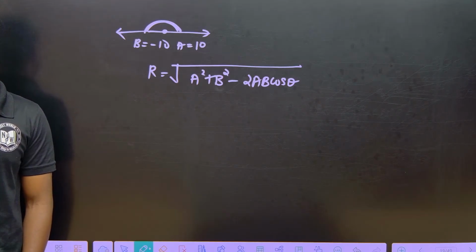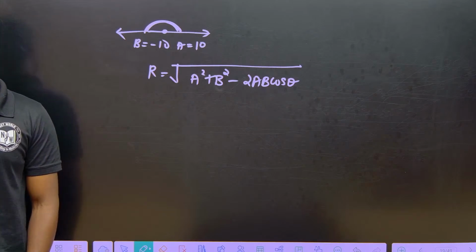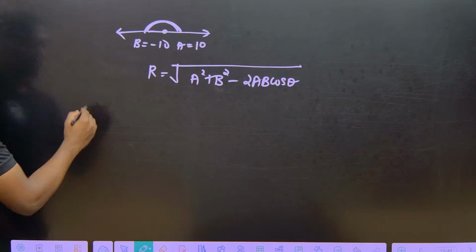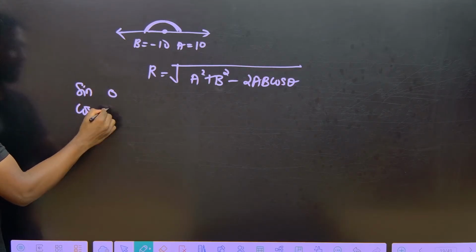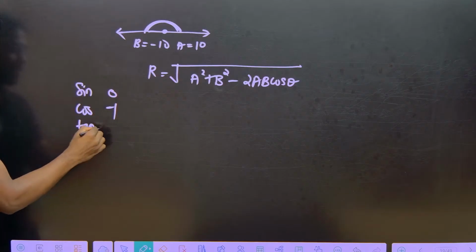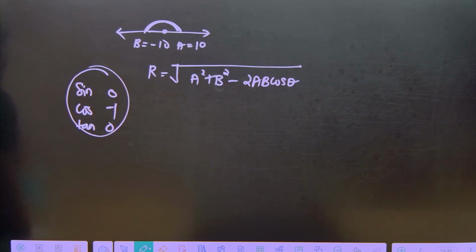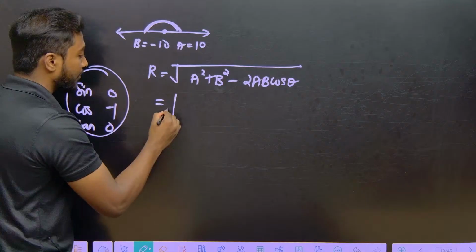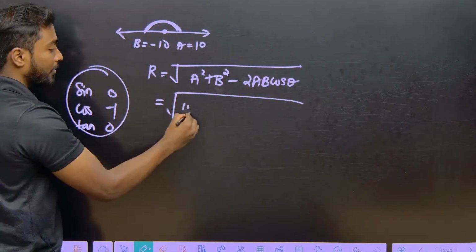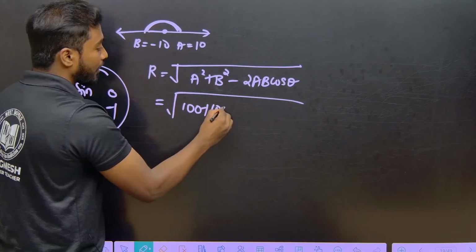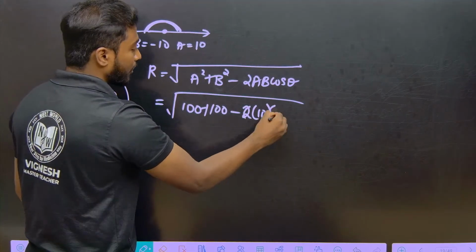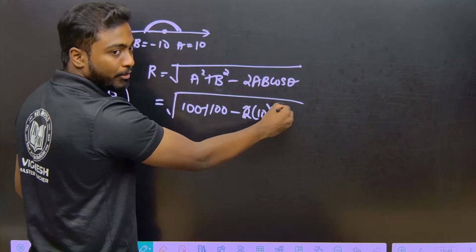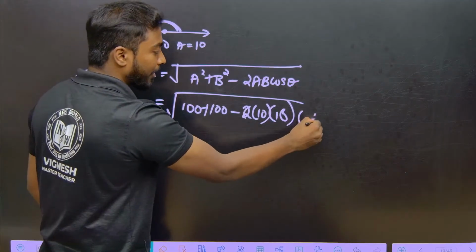Sin 180 is 0, cos 180 is minus 1, tan 180 is 0. Okay. Sin 0, cos minus 1, tan 0. This is for 180 degrees. Okay. Now the answer will be 10 square is 100 plus 100 minus 2 times of 10 into magnitude, I need to take only 10 and minus 1.